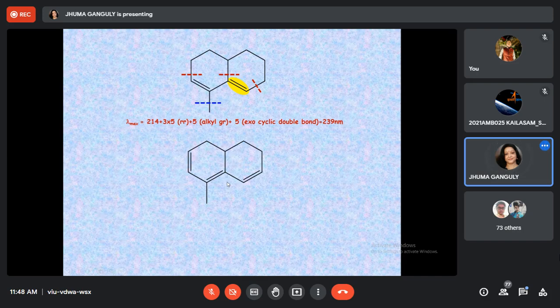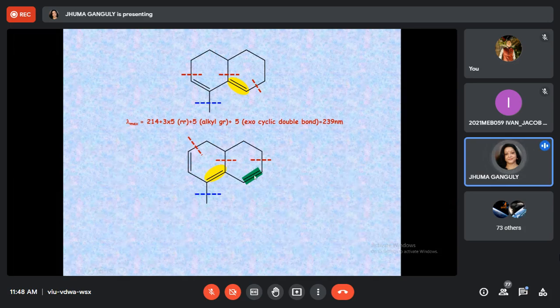And then tell me how many ring residues it has: 3. Then alkyl group, 1. Conjugation, 1. Exocyclic, 1. Okay, so now see this one conjugation, and 3 blue is alkyl, yellow is exocyclic, and this is extended conjugation.